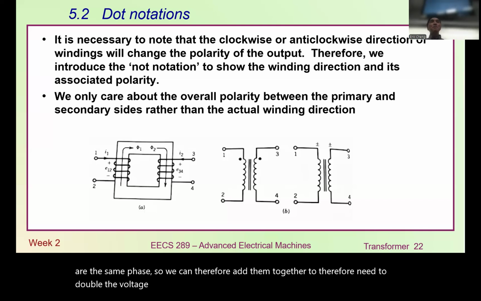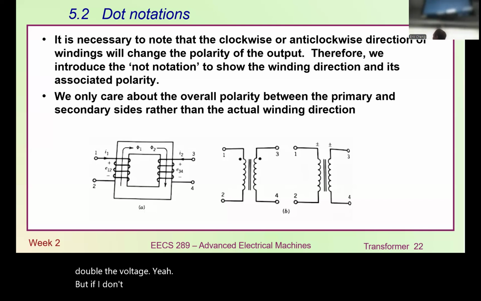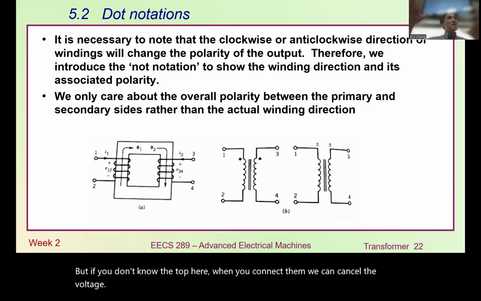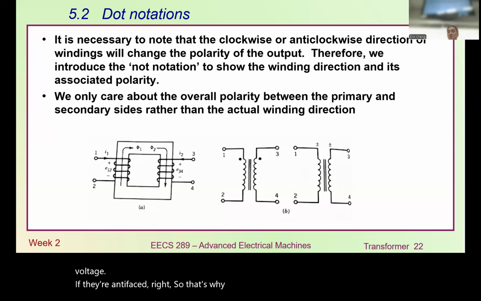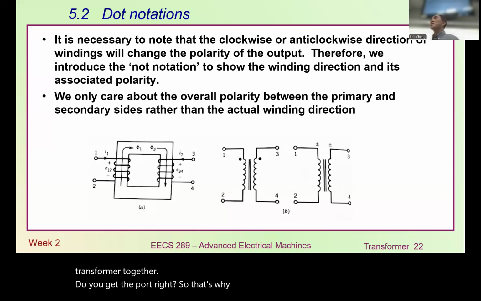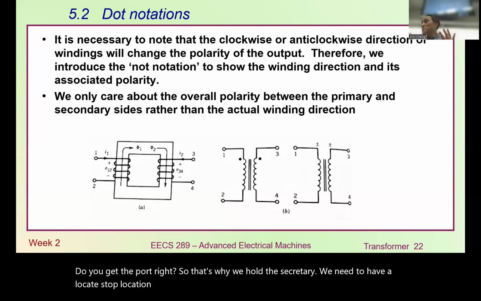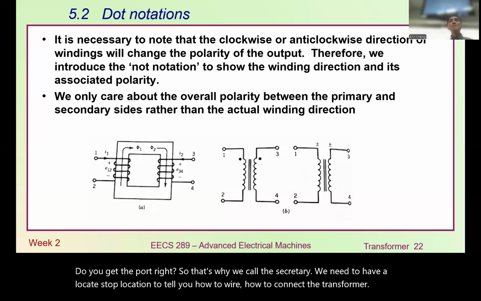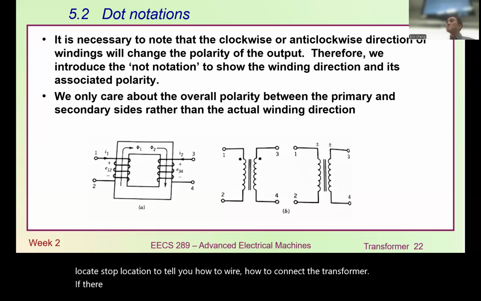But if you don't know the dot here, when you connect them, we can cancel the voltage if they're anti-phase, right? So that's why the dot rotation tells us how we put the transformer together. Do you get the point? So that's why in all the circuitry we need to have a dot rotation to tell you how to wire, how to connect the transformer. Therefore, with different polarity, we just don't connect them, right?